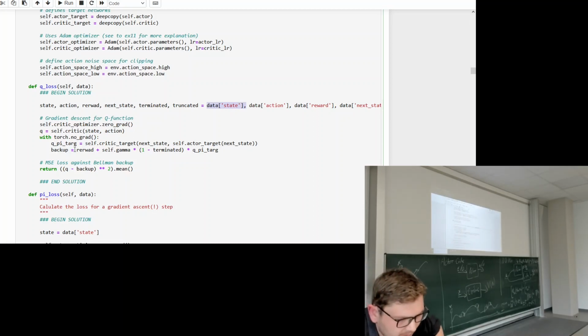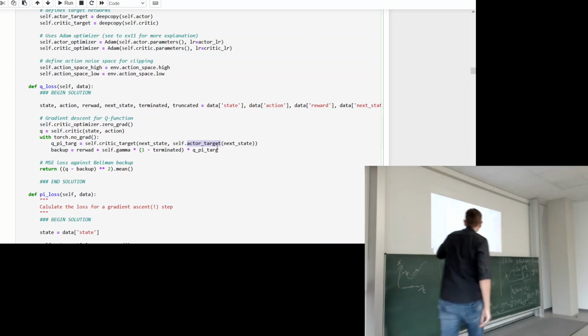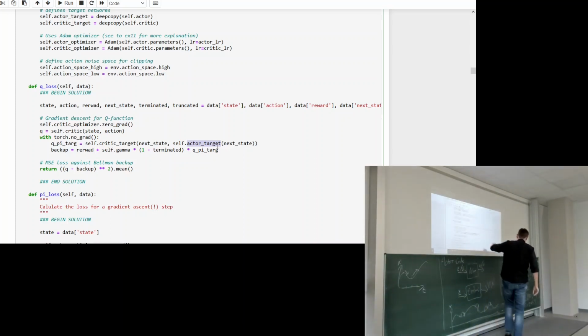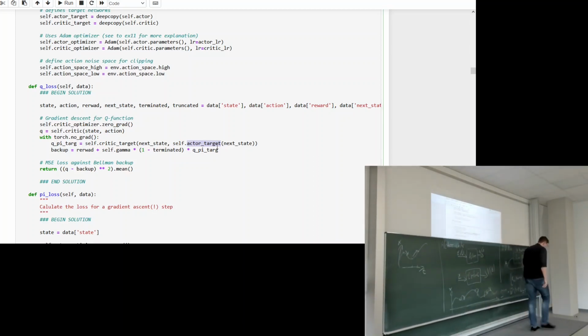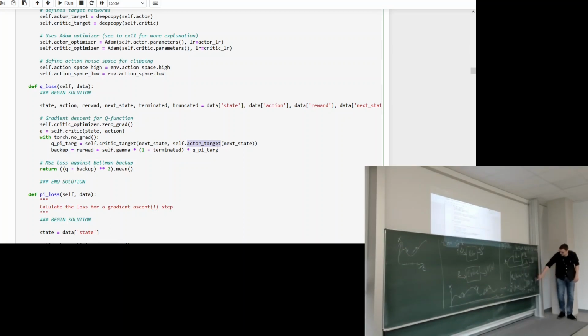And then I'm calculating the backup, or I call it the target, using the target critic. So Q is the critic, or yeah, critic target, and the actor target inside of that. So this is actually the same as this, right? Q with target parameters.